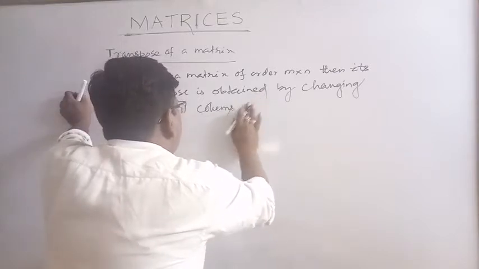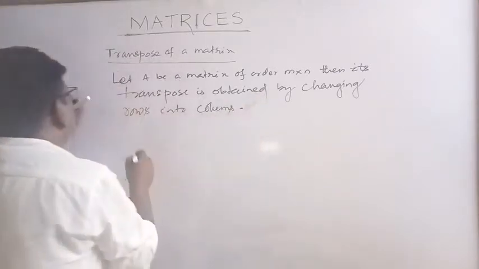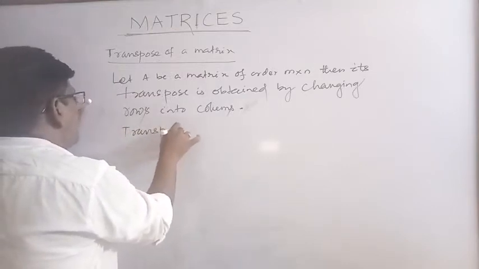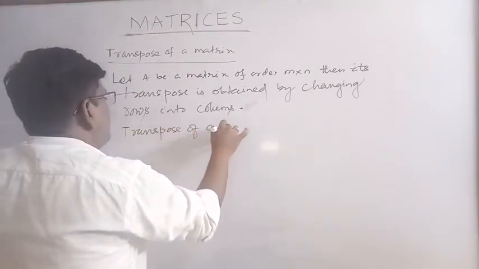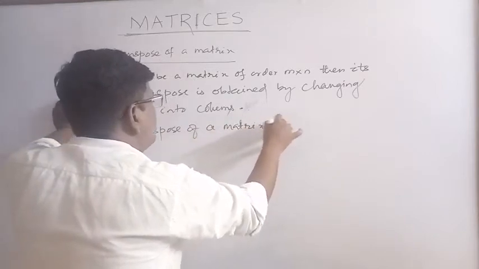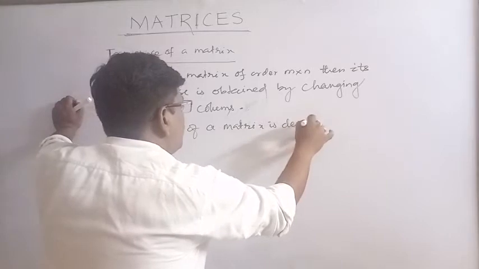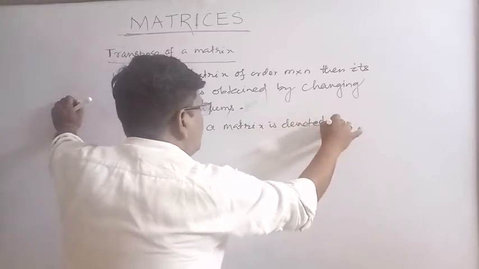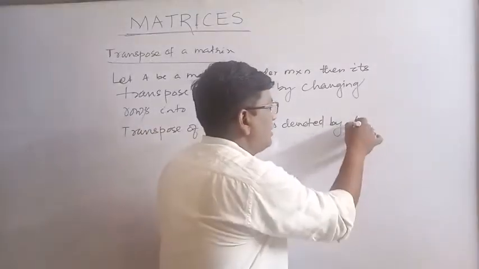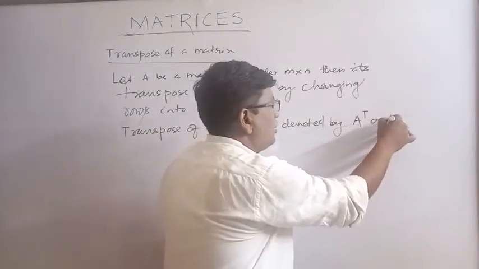The transpose of matrix A is denoted by A T or A dash.